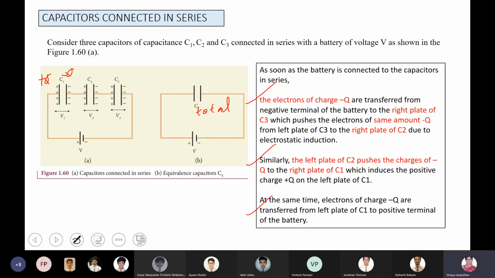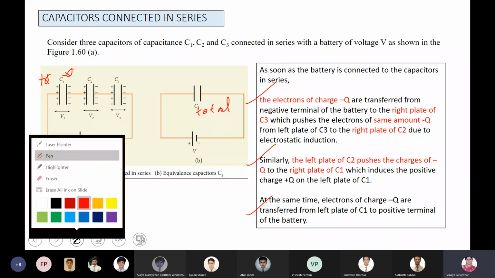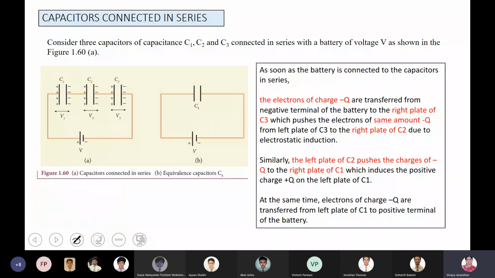Only the diagram is enough, boys. You draw both the diagrams. The concept which I have written on the right side, I think by reading you will understand. So I'll put the presentation. No need to write those. This is for your understanding of how charges are distributed across the plates of the capacitor, so that you can learn by yourself.